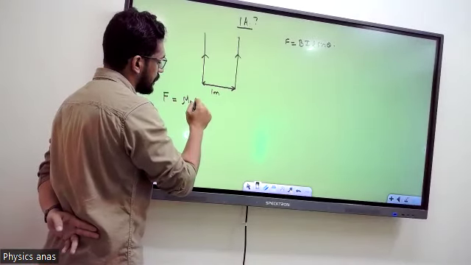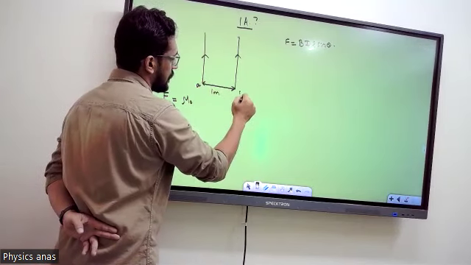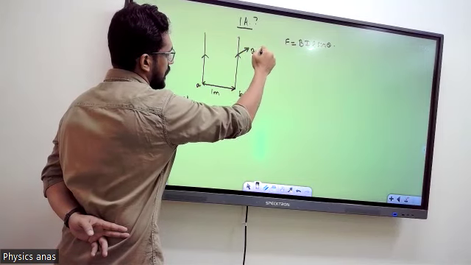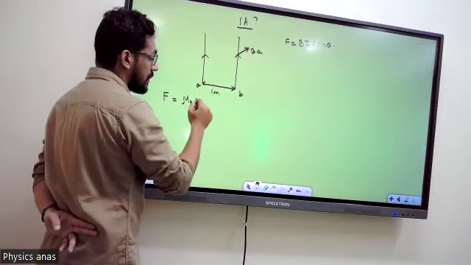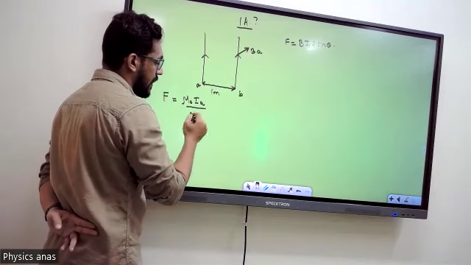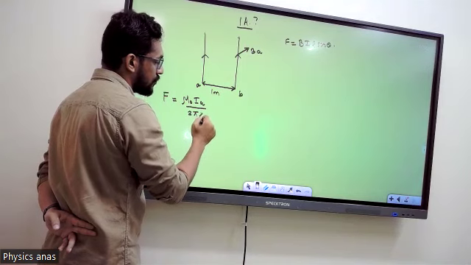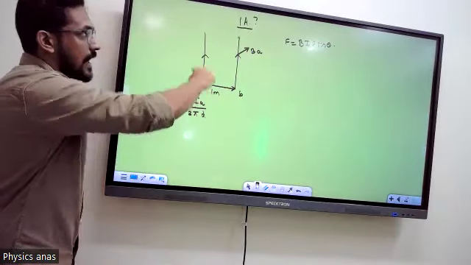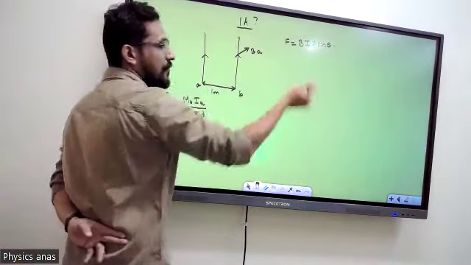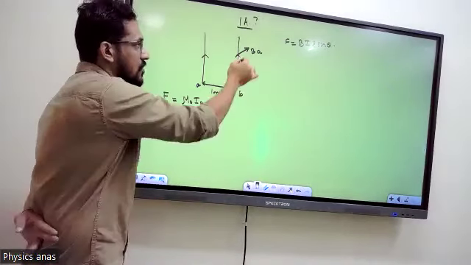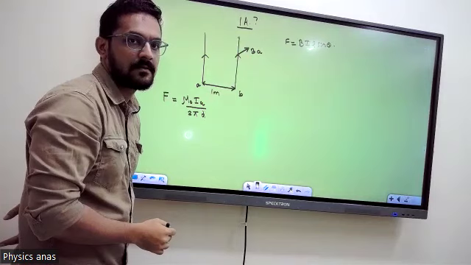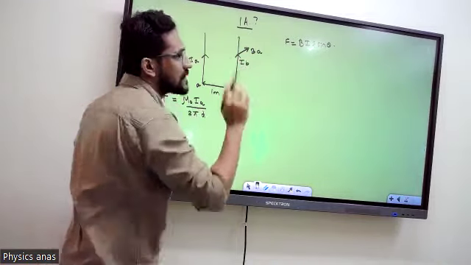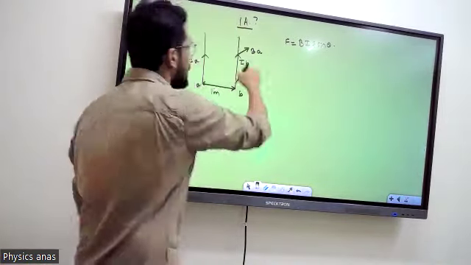If this is A and this is B, then BA is mu naught IA divided by 2 pi D. And which is the current causing the force here? This is IA and this is IB.